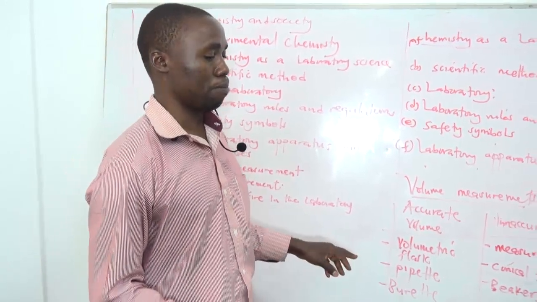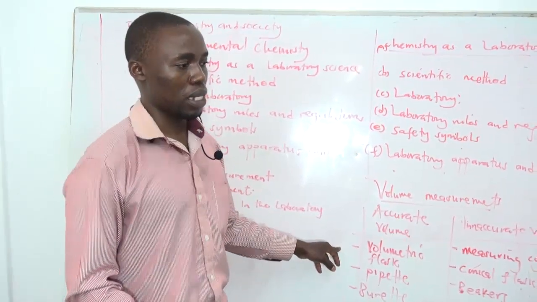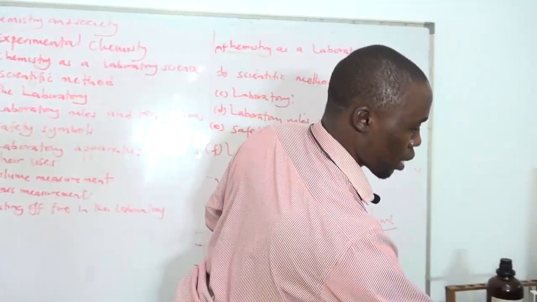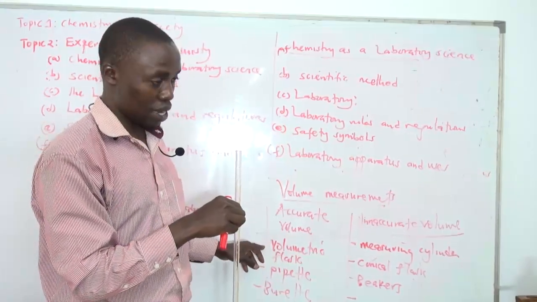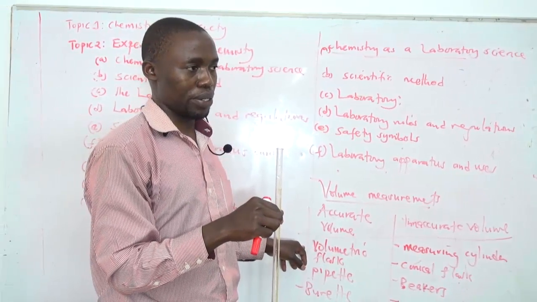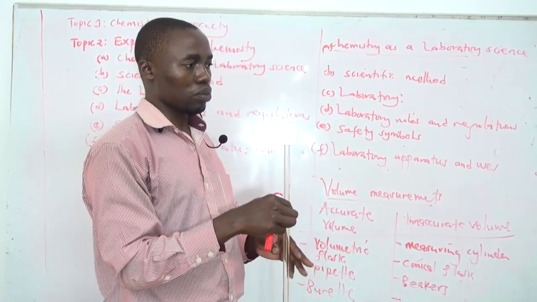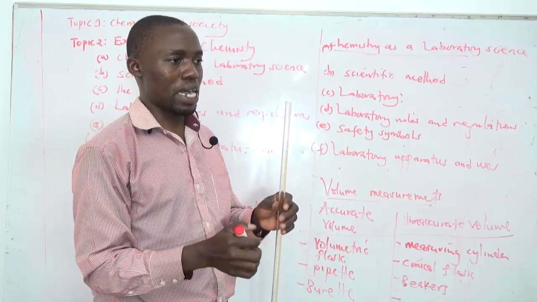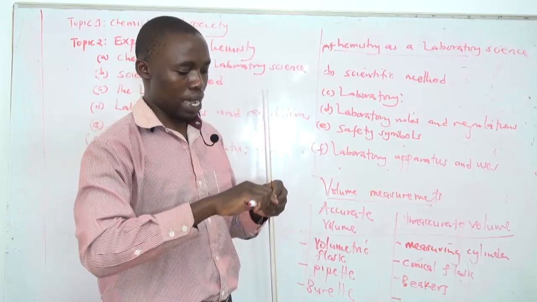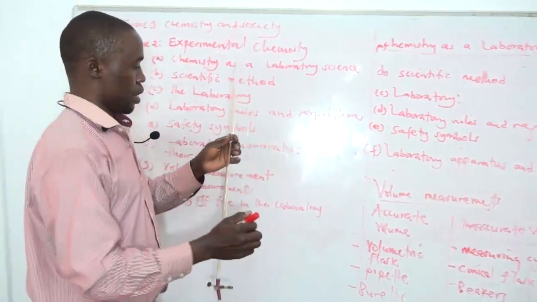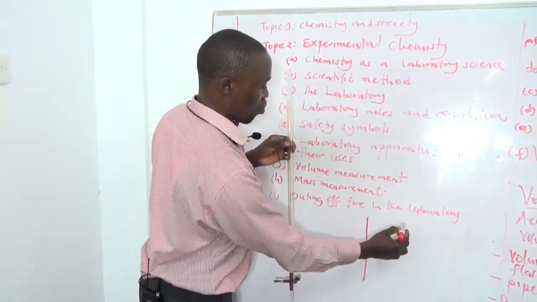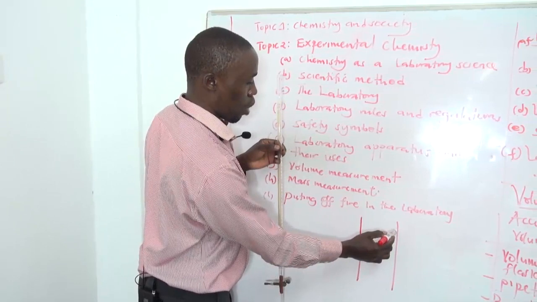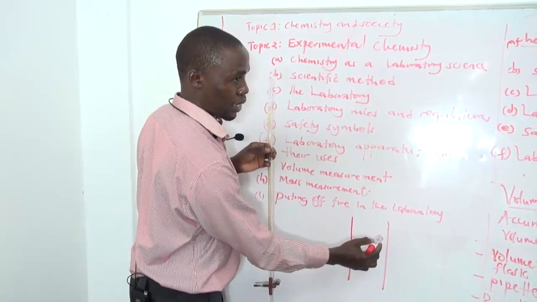Now listen here. Look here very, very well. We are going to demonstrate how we use each. Each volume apparatus has where it starts. When you are looking at any instrument, it has what we call calibrations.